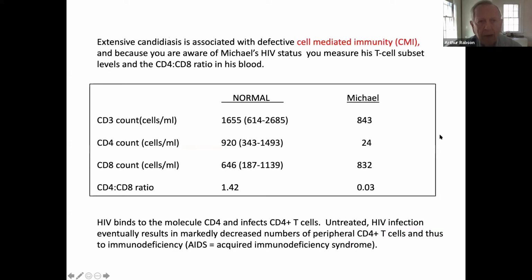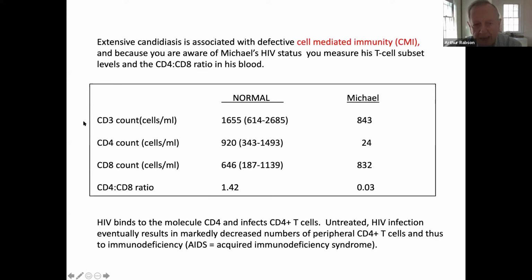Now, extensive candidiasis such as this is associated with defective cell-mediated immunity. If you ever see this sort of situation, you're thinking T-cells, cell-mediated immunity, and because we are aware of Michael's HIV status, we measure his T-cell subset levels and the CD4 to 8 ratio in his blood.